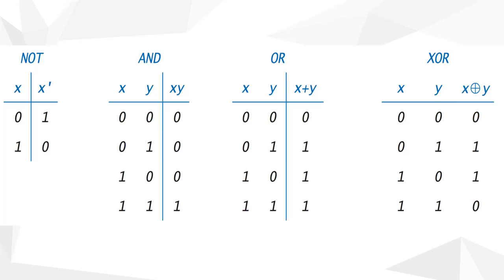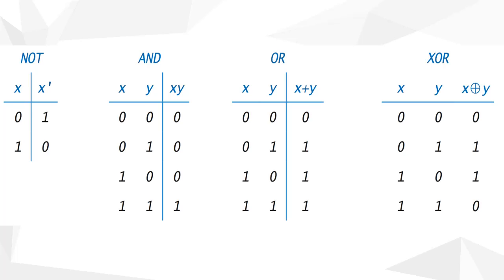Let us start with the first condition, 0 0. That is if 5 is greater than 10 and 5 is greater than 20. This is false, right? 5 is neither greater than 10 nor 20. So both conditions are false, that is 0 and 0, which produces 0.